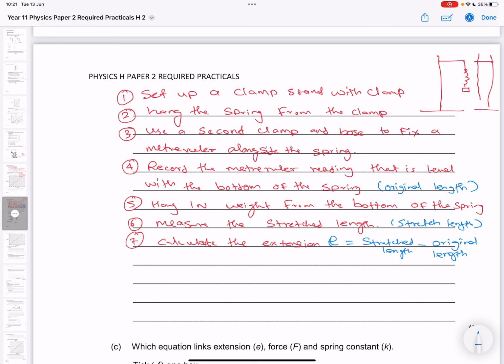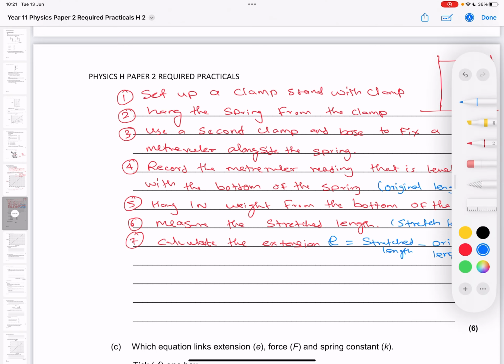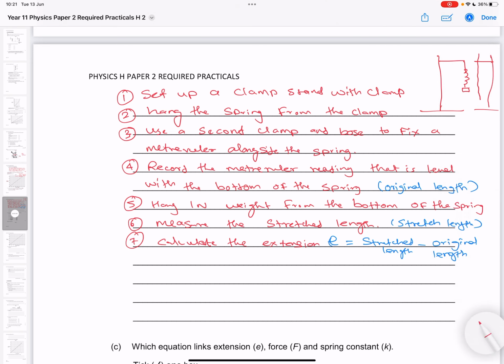Okay, and what you have to do is repeat this for different sets of weight. So repeat steps 3 to 7 for 2 Newton, 3 Newton, 4 Newton, 5 Newton, and 6 Newtons.